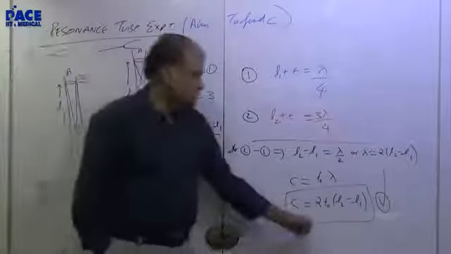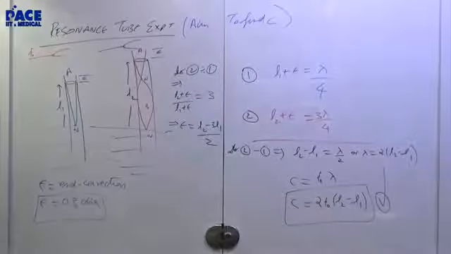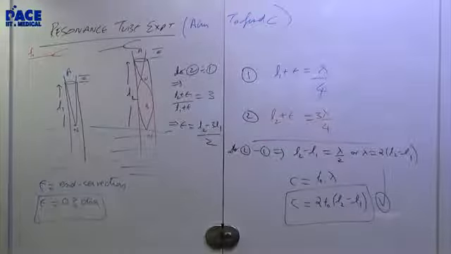You can also find the speed of sound by this experiment. This is the popular experiment called the resonance tube experiment. So we are finding the end correction directly instead of measuring the diameter and doing it. Although that's also a result we have got.